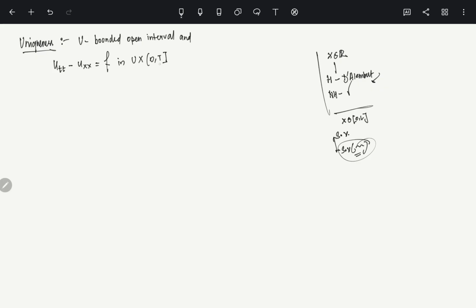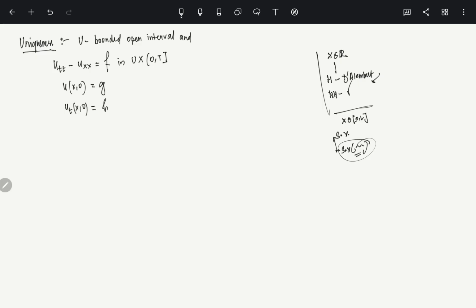So I am doing it for a bounded domain. There will be a question, so let me just put it here first. u at (x, 0), let's call it g, and u_t at the point (x, 0), so the initial data, is equal to, let's say, g and h.